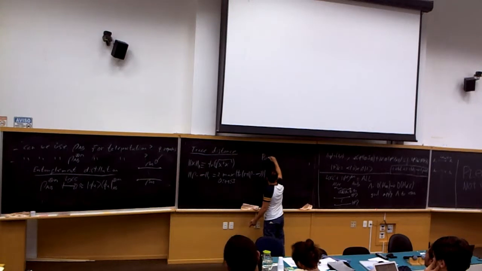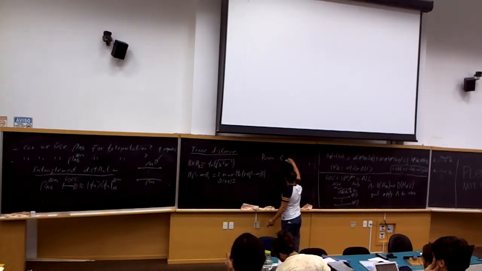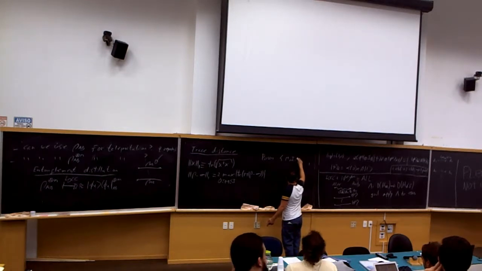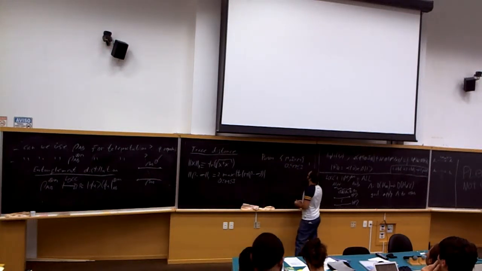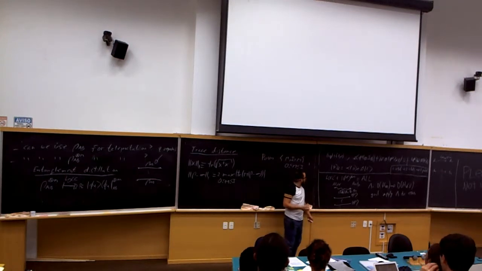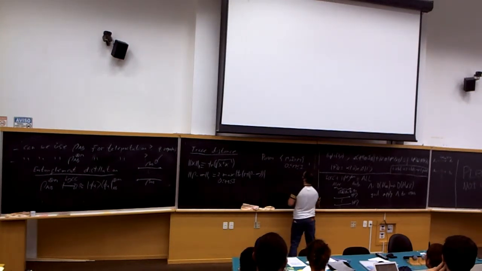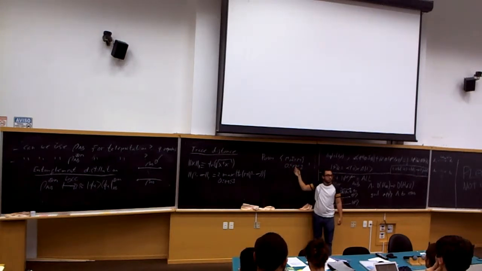For this task you want a POVM with two outcomes, which always has the form M and identity minus M, where M is between 0 and 1 as an operator. The most general measurement in quantum mechanics is a POVM, which has exactly this form for two outcomes.